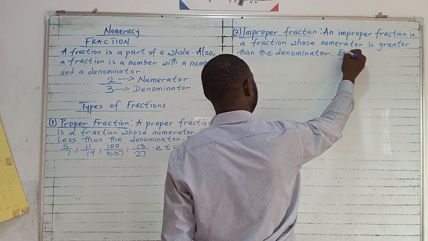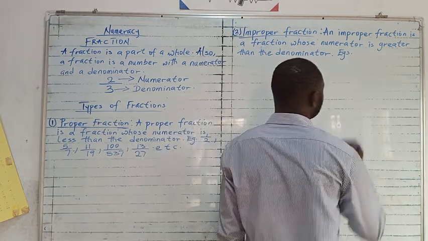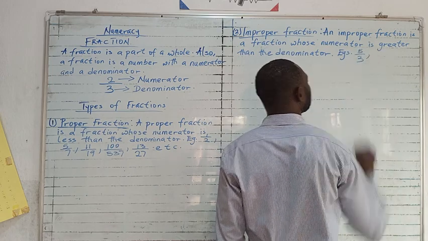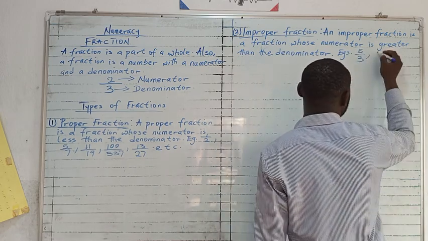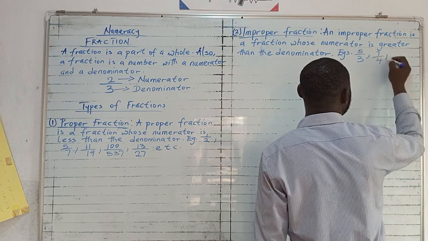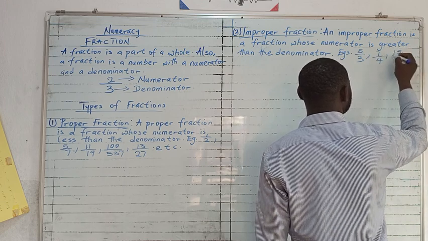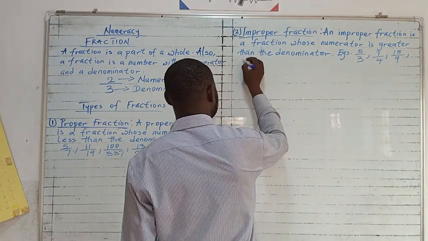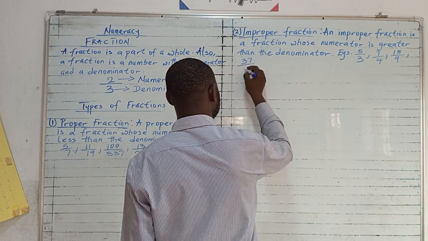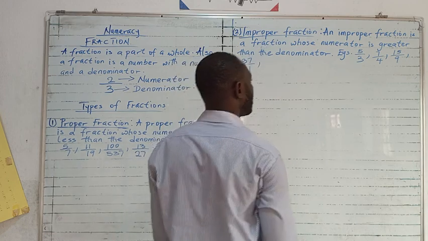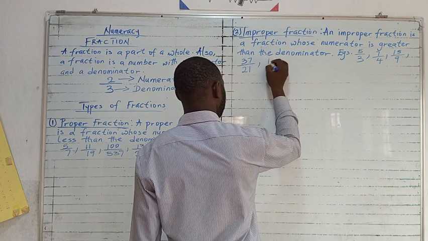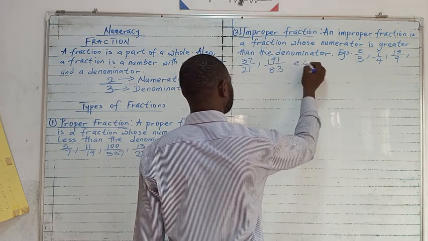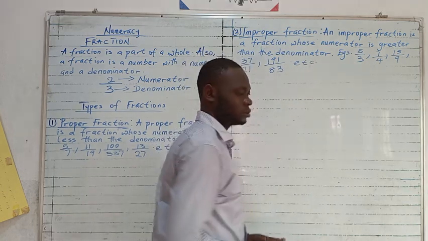Example, we have something like, let's say, 5/3, let's say 7/4, 15/9, 37/21, 191/83, and so on and so forth.